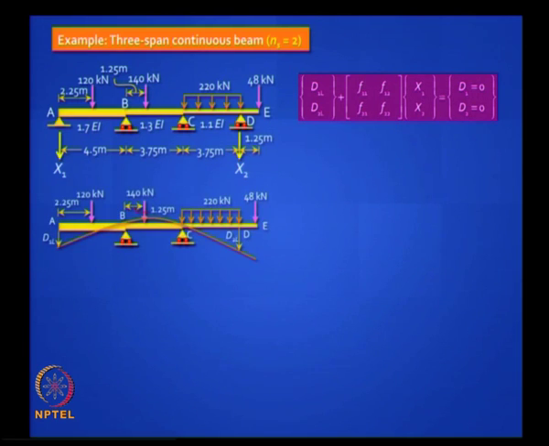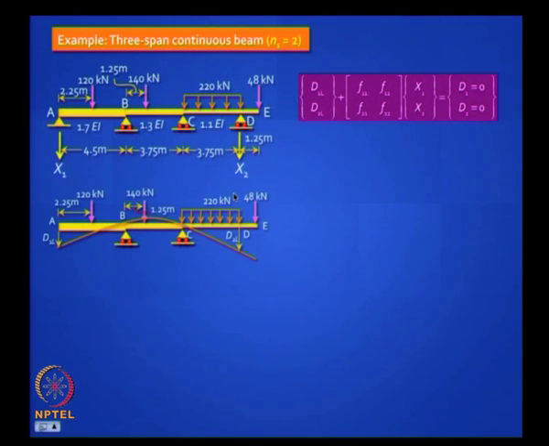Then your primary structure is one where you released the supports at A and D. These are the deflections caused by the external loads, agreed. I removed the support at A and D and I let it deflect under the external loads. This deflection in this direction matching this assumed direction of x1 is D1L and this deflection is D2L.